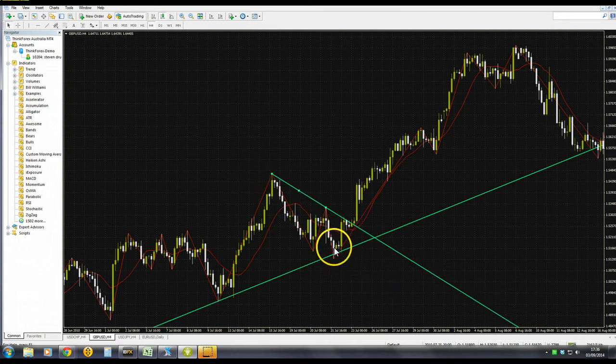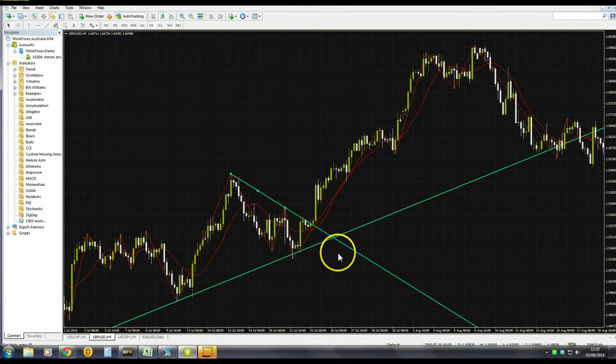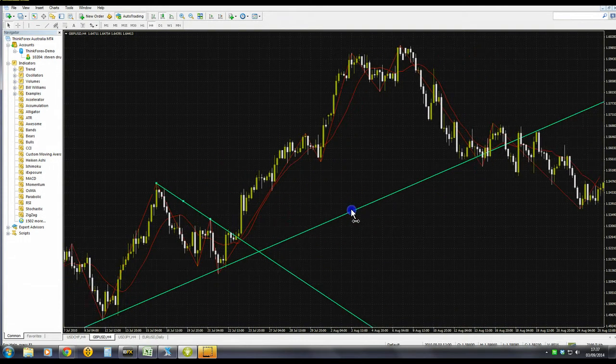We didn't have a candle formation, but hey, got a trend line break now. Could have entered there. You might not have got the best price, but because of the candle formations, it never gave us any price to enter on. So utilize the counter trend line break as an entry signal. Okay.